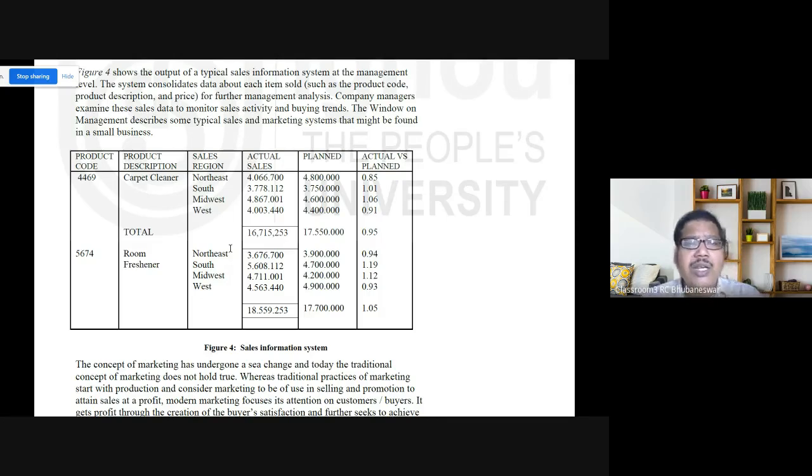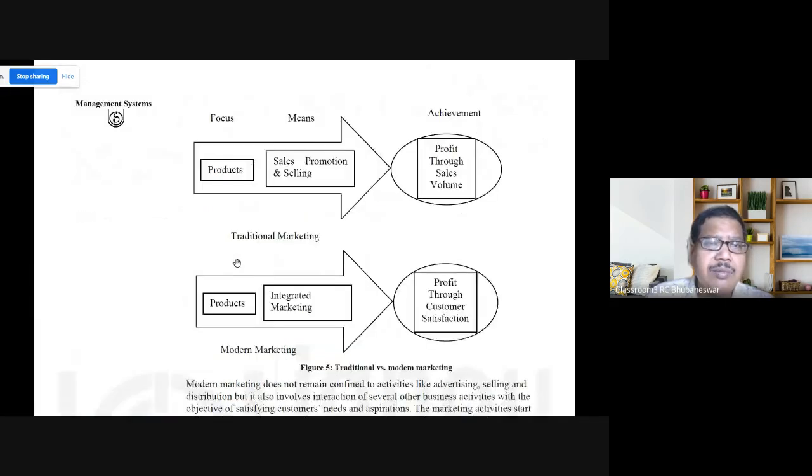If you are not maintaining it, then you cannot look into what the actual sales you had done and what predictions you had made. And if both are not matching or not close to each other, then possibly you have to adopt some other way of meeting requirements. So we can say carpet cleaners, then room fresheners. These are the timelines we are going to get. So this is the concept of sales and marketing.